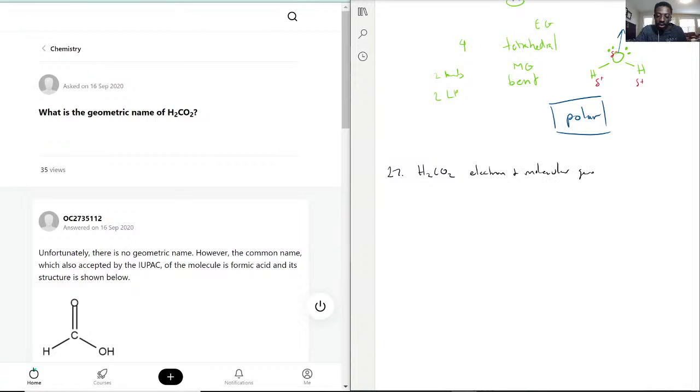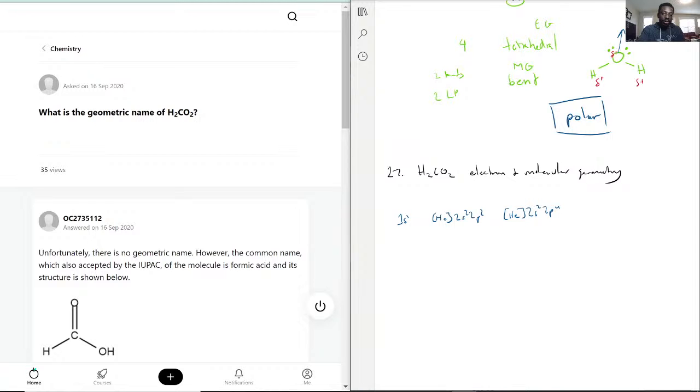We can only find that out by, once again, starting with the lovely Lewis dot diagram. So for that, hydrogen we know is 1s1 for electron configuration. Carbon is starting at helium, 2s2, 2p2. Oxygen starting at helium as well, 2s2, 2p4.